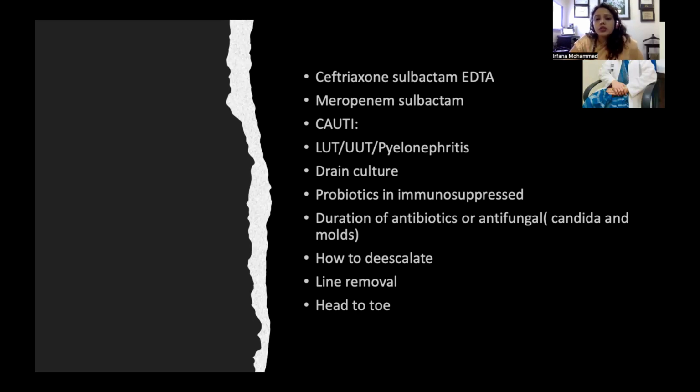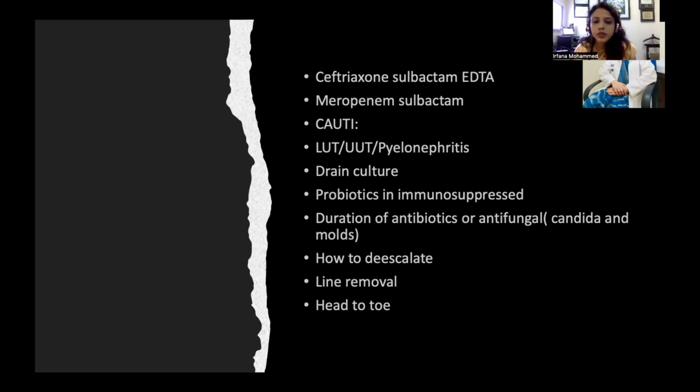So in all patients of UTI, you have to look for all these things, and if feasible, we should do drainage of the pus for good source control, along with the required antimicrobials. And if it is not feasible and the kidney is grossly infected, sometimes you have to do a partial or complete nephrectomy for the benefit of the patient.